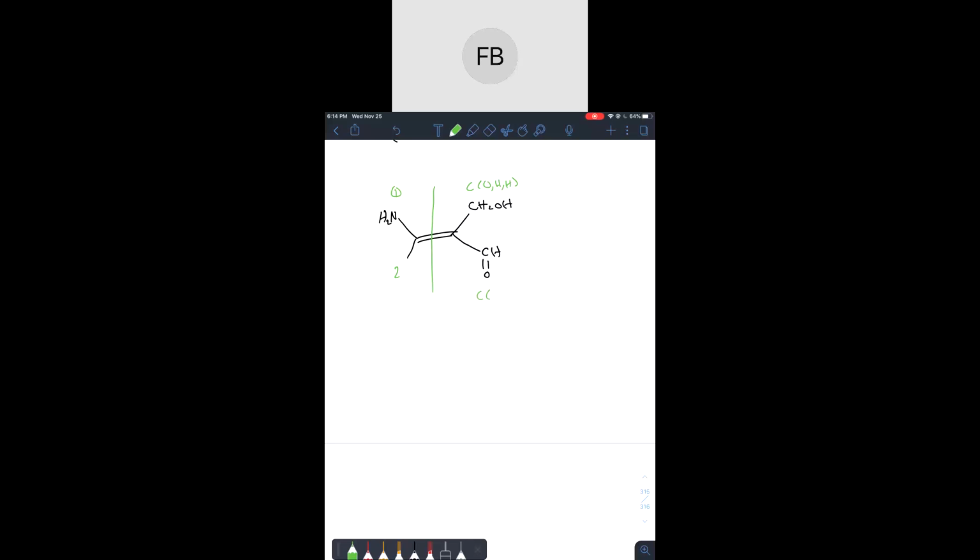At the bottom, we have a carbon attached to an oxygen twice, because it's a double bond to oxygen, and 1 hydrogen. So if you look at this, 2 oxygens versus 1 oxygen. This one is number 1, this one's number 2. Therefore, this one is E. Yes, it's E.